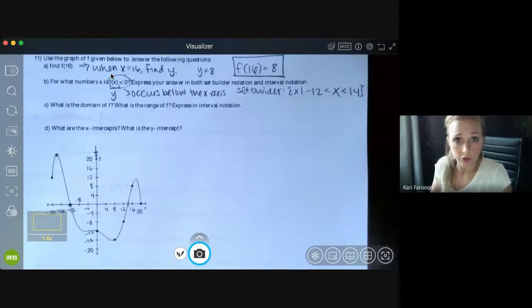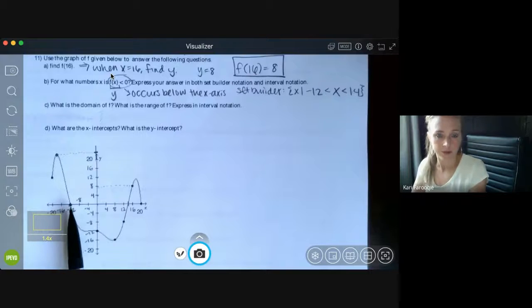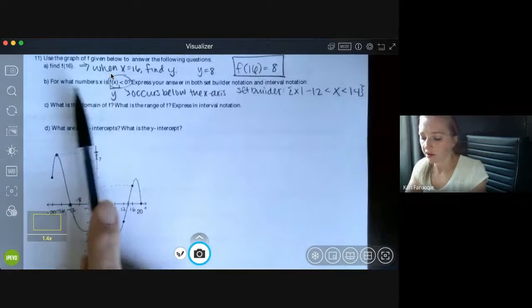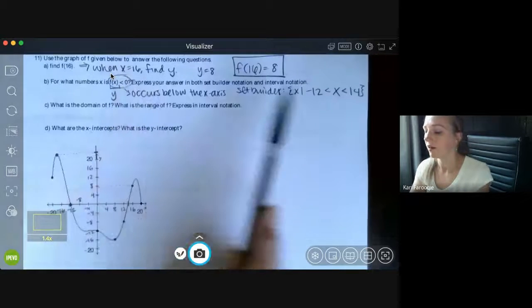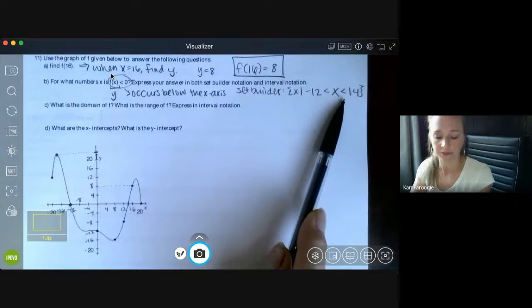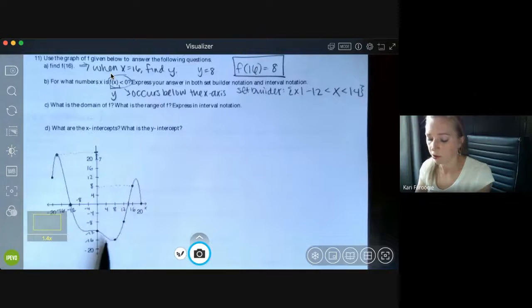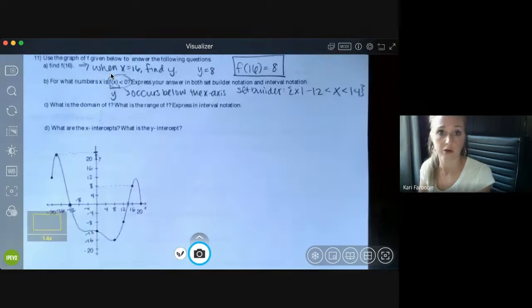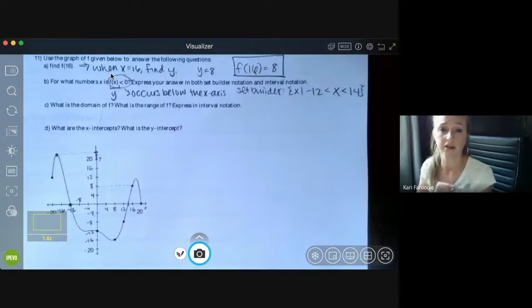If you're not sure why I didn't include the equal to sign, it's because if x is equal to negative 12, the y value is not actually negative, it's 0. Now, if your question would have said for what numbers of x is f of x less than or equal to 0, in that case, we would have included negative 12 and we would have included 14. But because we're talking about values of y that are only negative, we have to include only values in between negative 12 and 14. So we do that by using these strict inequalities.